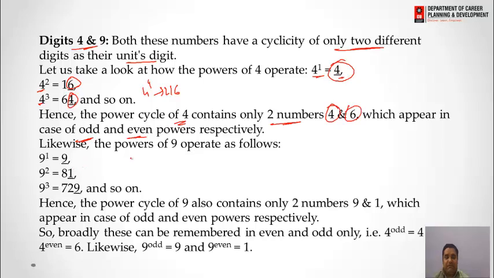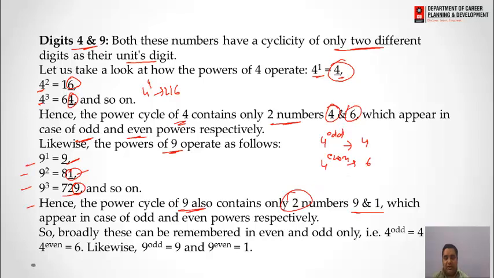The same we have for the value 9. 9 power 1 is 9, 9 power 2 is 81, so the unit digit is 1, 9 power 3 is 729, so the unit digit is again 9. That means 9 also has two digits as its unit digit, 9 or 1, which also appear for odd and even powers. So by using this: 4 power odd always gives 4 as a unit digit, where 4 power even always gives 6.